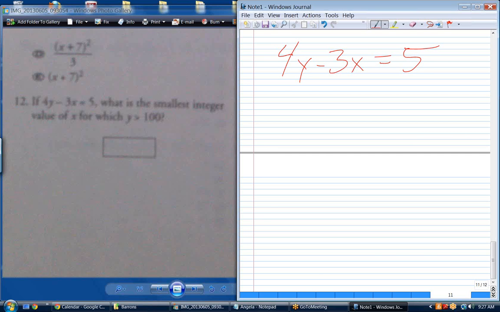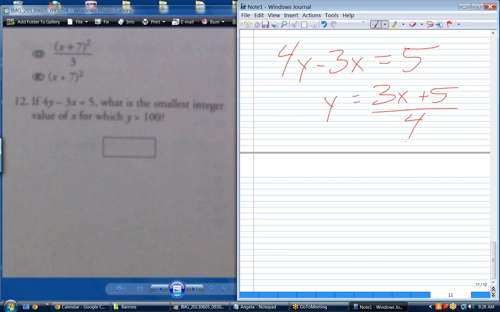I'm not even sure where to start. Well, since they're asking about y, why don't we solve this equation for y? Okay, we'd have 5 plus 3x divided by 4.